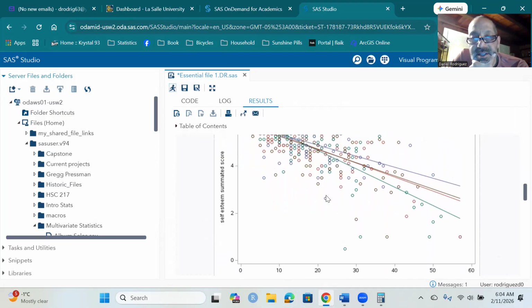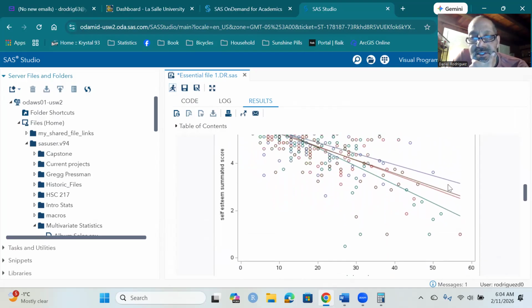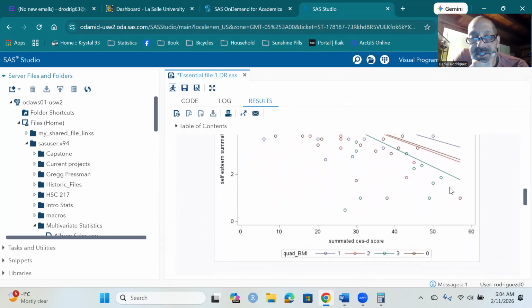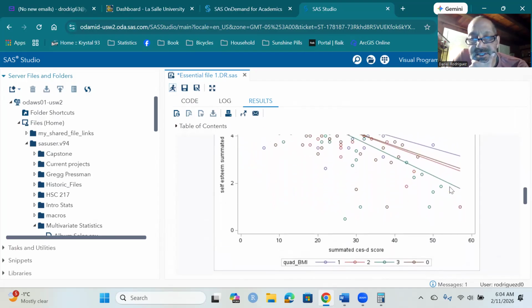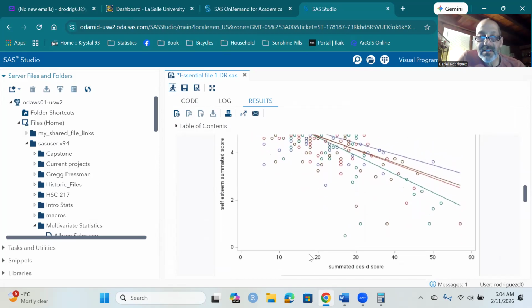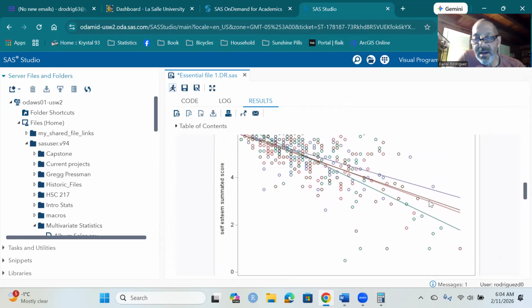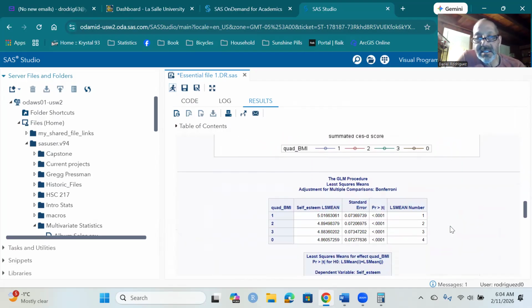And we can see that self-esteem declines the most when we're at the highest level of depression, right? More so than it does for the other levels. Like there's 1, and we actually have 0 as well. I think this dark one is 0, and then 2. So you can see that as depression goes higher, self-esteem decreases for everybody, but more so for those in the highest level of body mass index.